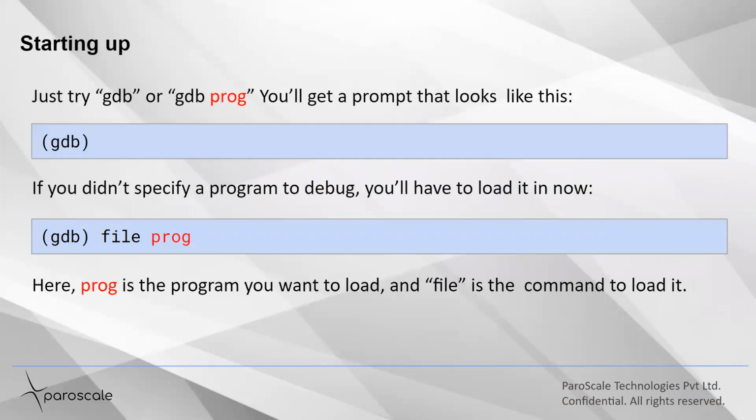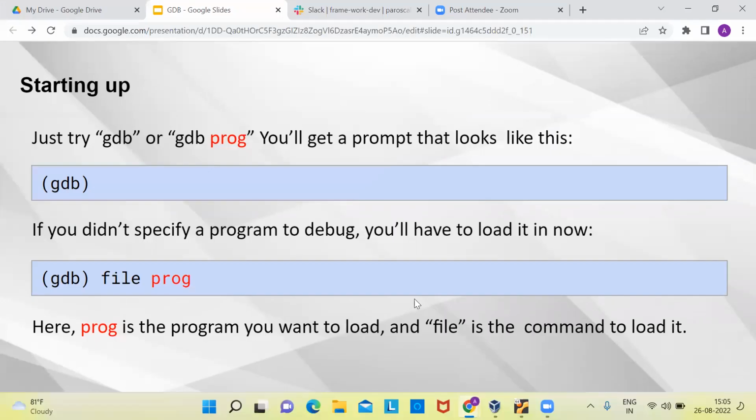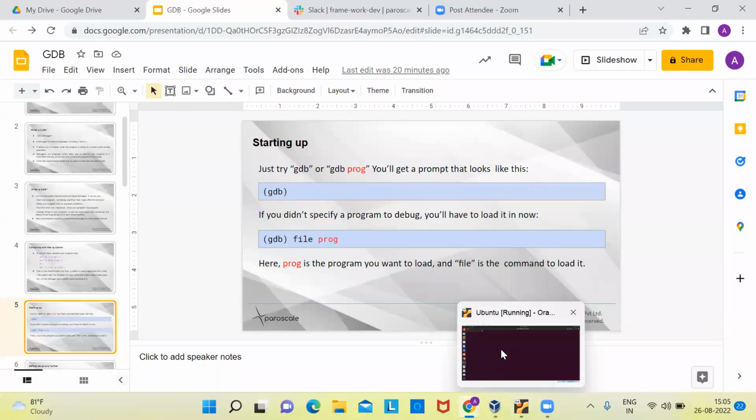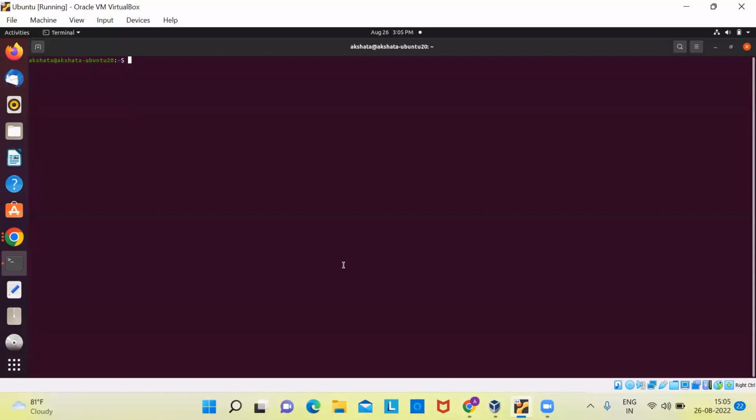Let's take an example. Here program1.c is a sample code which returns the factorial of a number.